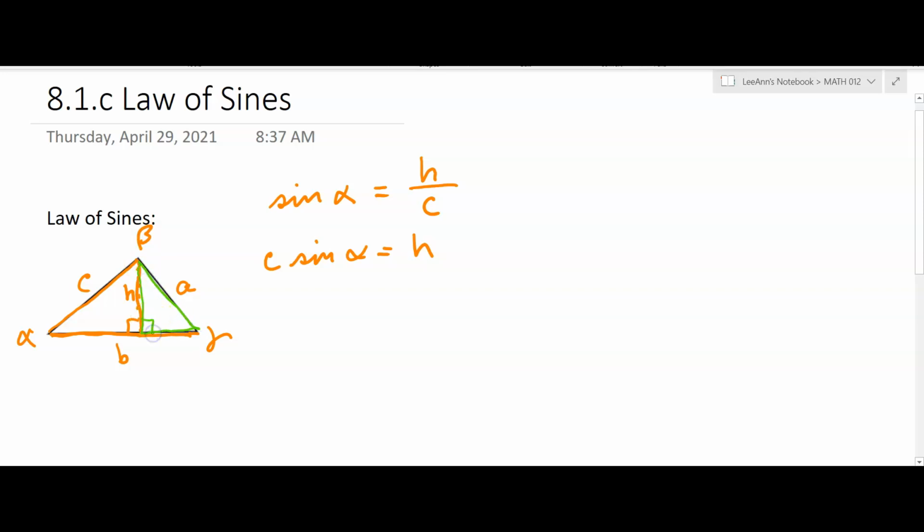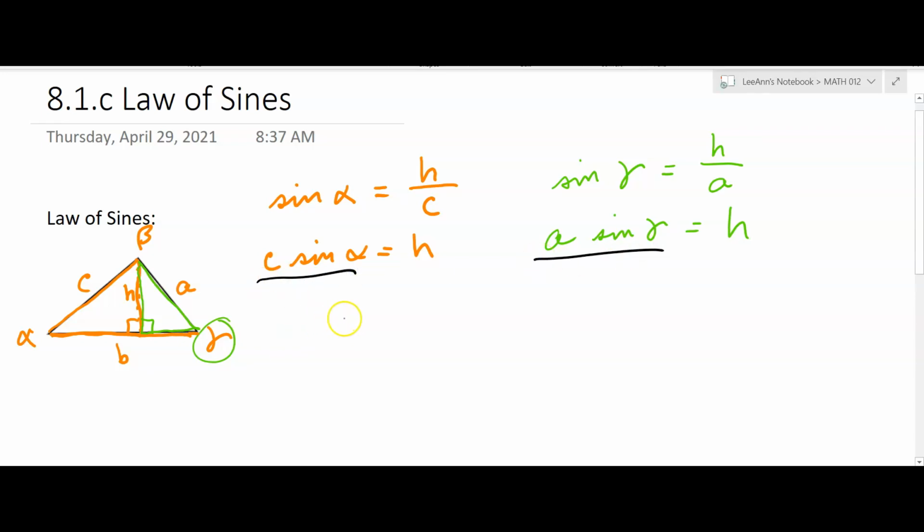Using gamma, the sine of gamma is equal to H, the opposite, over A, so A sine gamma is equal to H. Now I have two things equaling H, so C sine alpha equals A sine gamma.